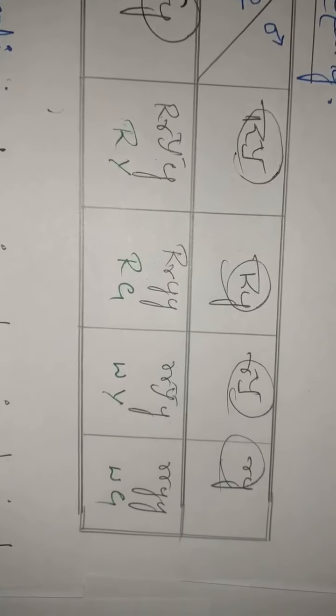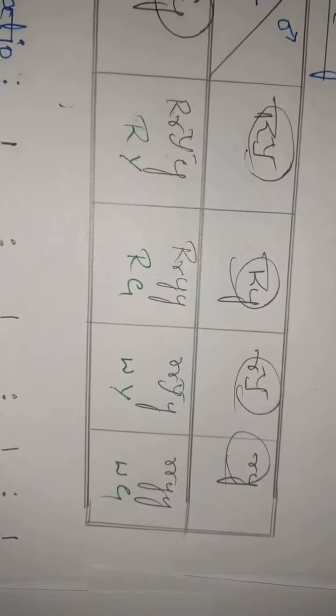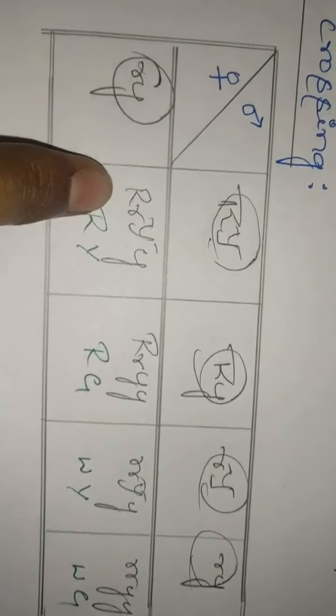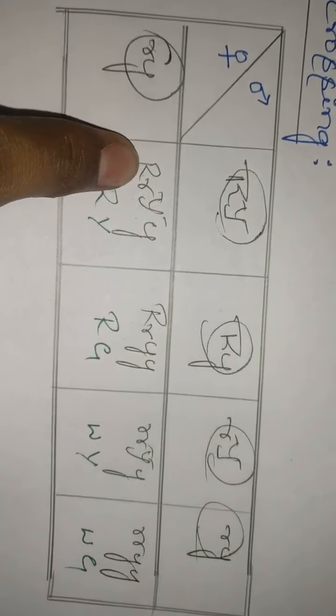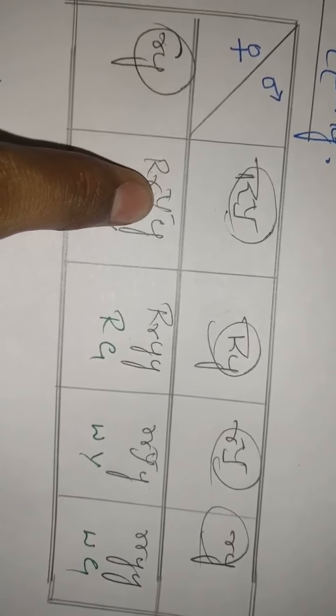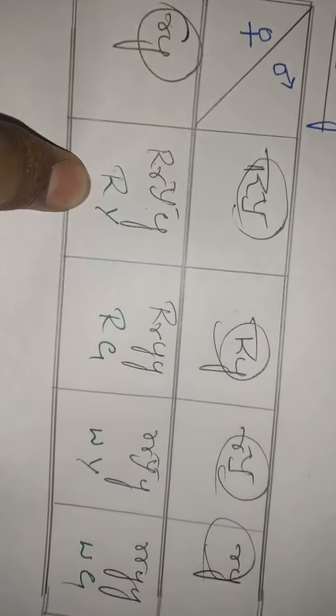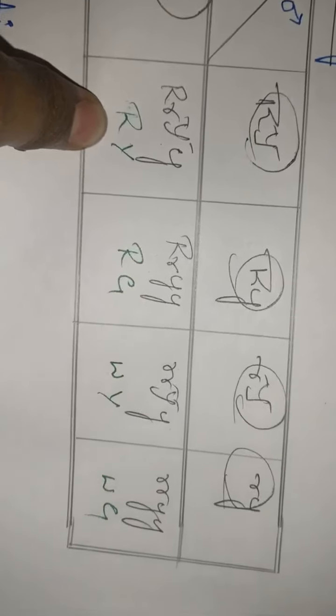Observe here: capital R, small r, where capital R is the dominant character, and capital Y is also dominant. Hence we can say the plant is going to be a round yellow plant.